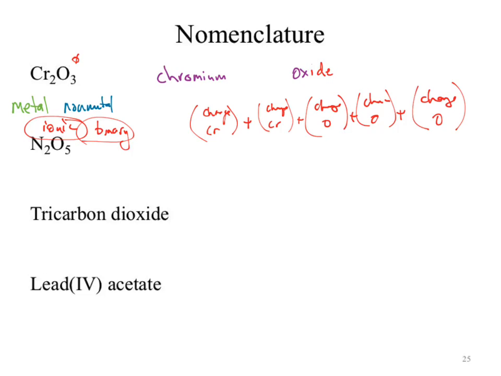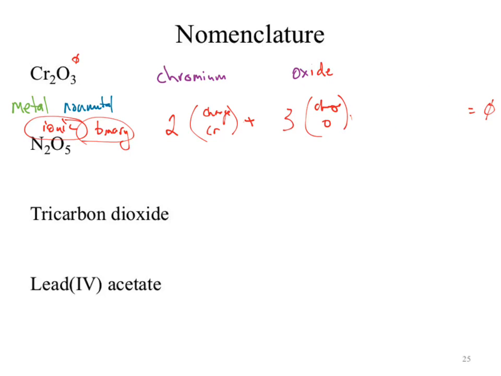If I add all of those up, I counted for every single element, that has to equal 0. I want to simplify my calculation a little bit. Well, there's 2 chromiums. So I can take 2 times the charge on chromium plus 3 times the charge on oxygen.